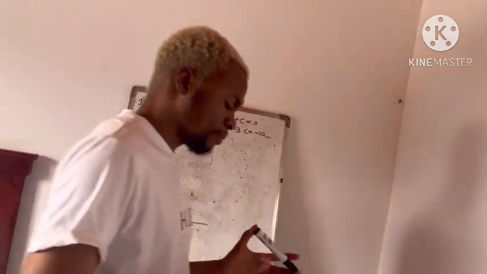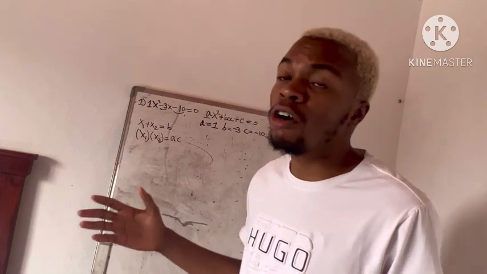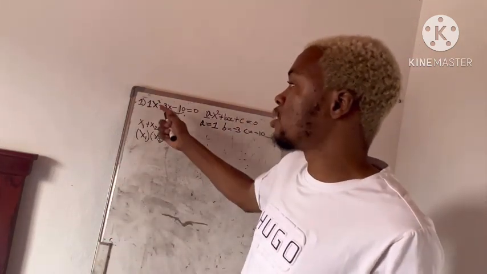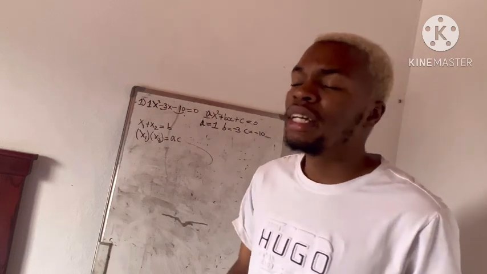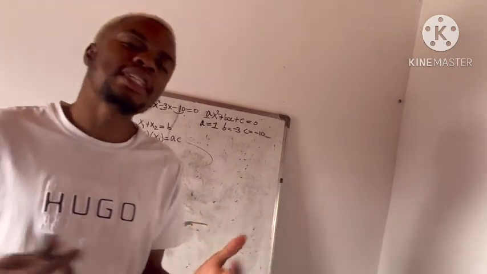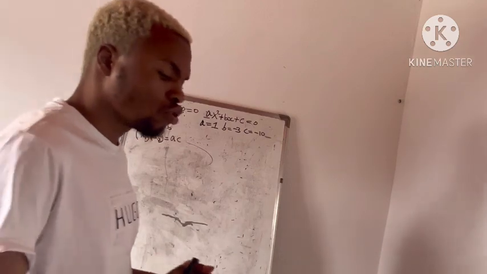So that's the beginning of it. When you are able to identify your A, B, and C, the next thing you got to ask yourself is, what two numbers is it that if I add up is going to give me B, and those two numbers which I multiply is going to give me AC?